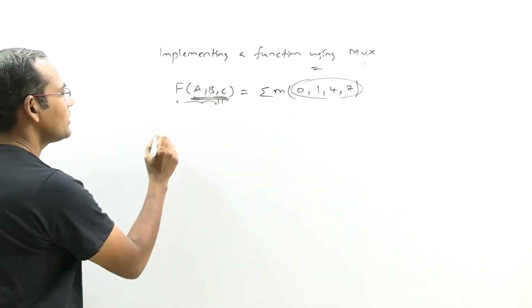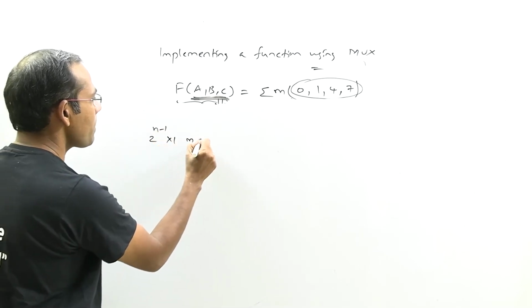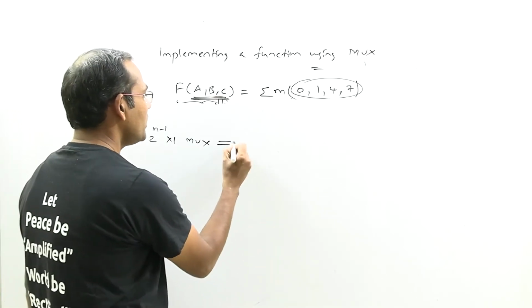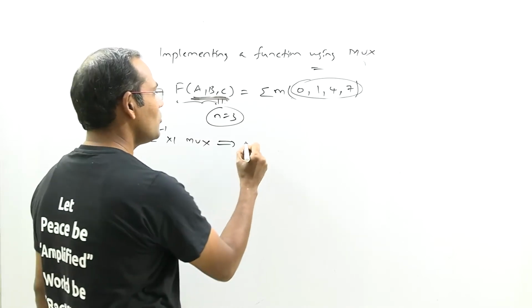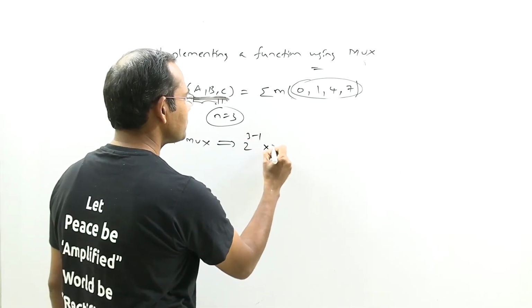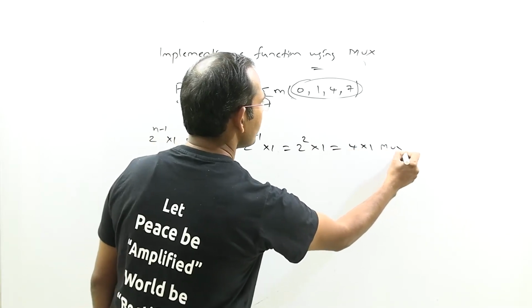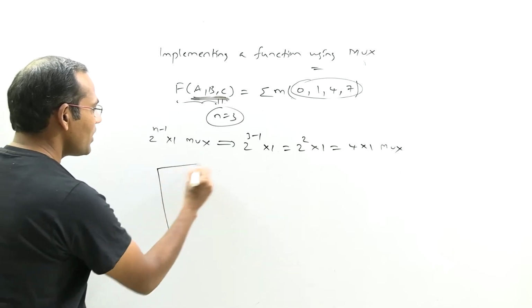Next I will design this one by using a 2 power n minus 1 by 1 mux. Here n equal to 3 variables are there. So 2 power n minus 1 means a 4 by 1 mux. So take a 4 by 1 mux.